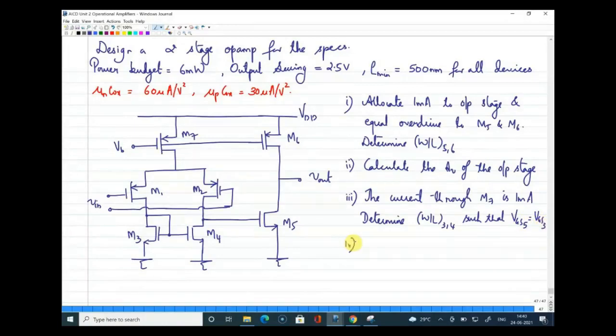And the last part of the question is calculate the aspect ratio of the input transistors 1 and 2 such that you will get an overall voltage gain of 500.